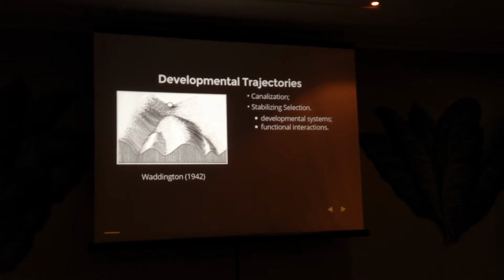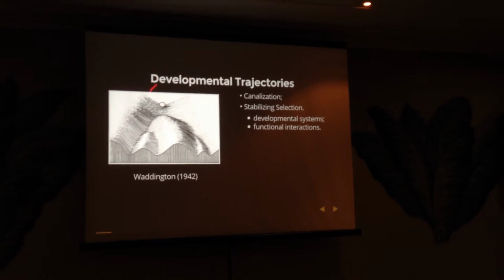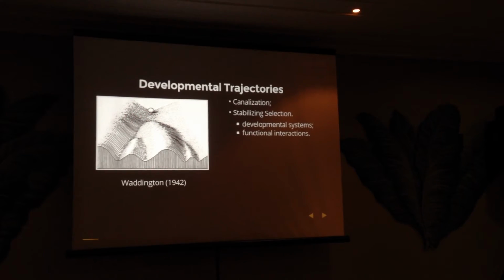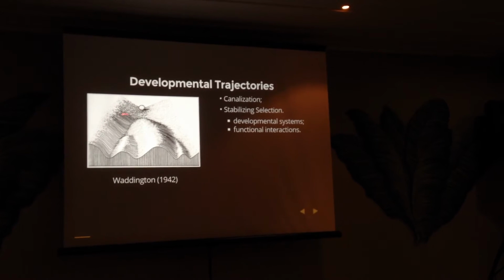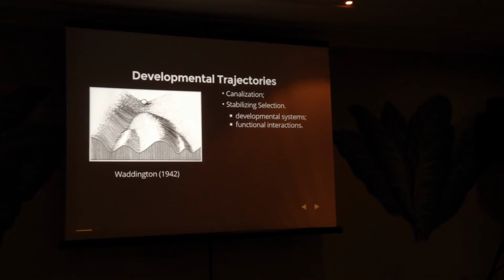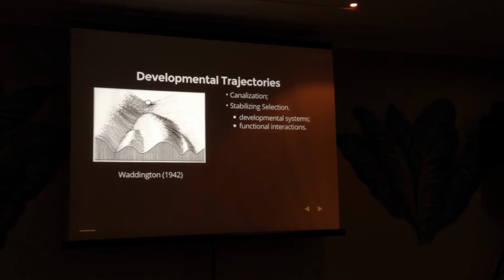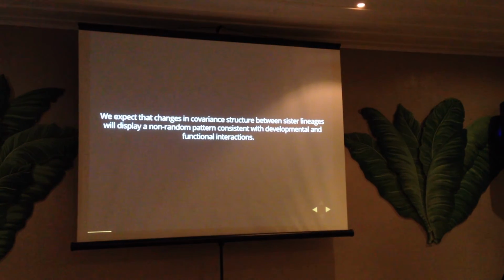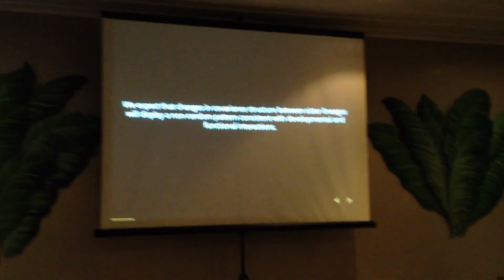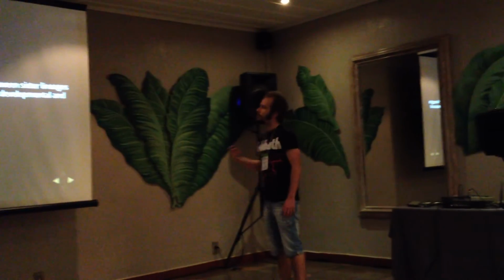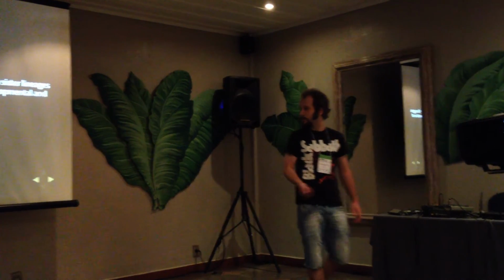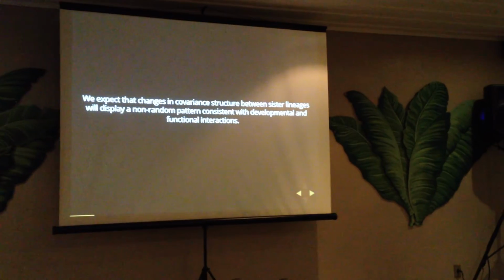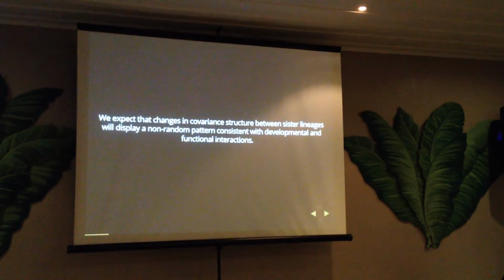So if you think of development as this rolling ball over here, this rolling ball cannot go through other paths than those depicted by the ridges, the valleys of these mountains. Okay, so we expect that changes in covariance structure between sister lineages will display a non-random pattern consistent with these developmental and functional interactions, right? So, let's try it out.